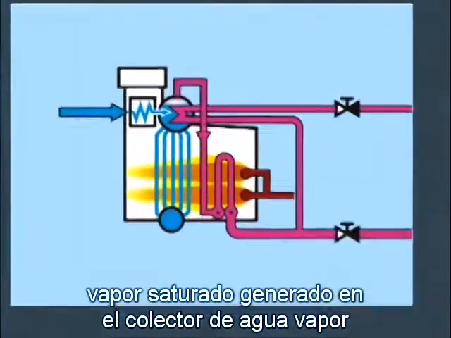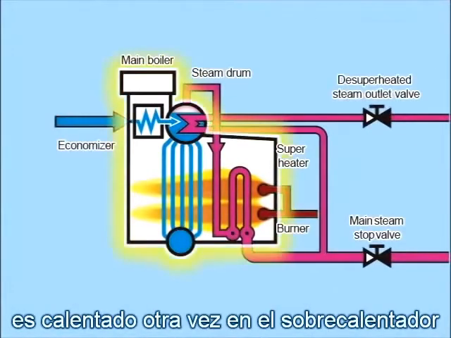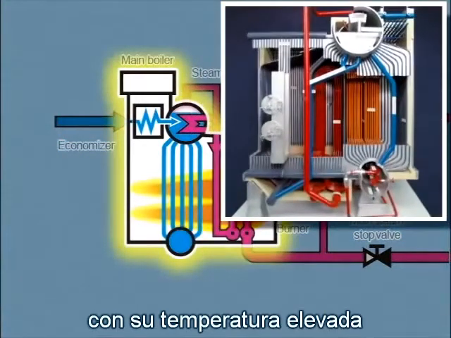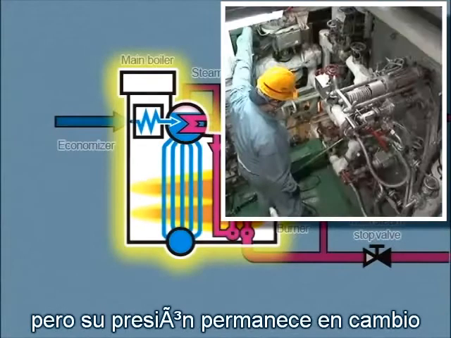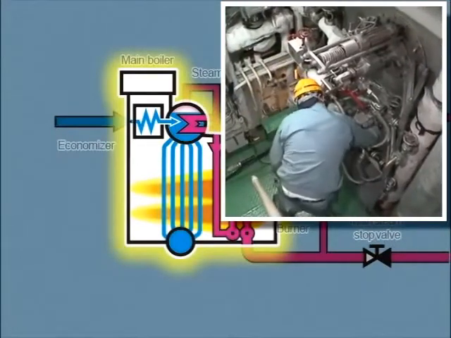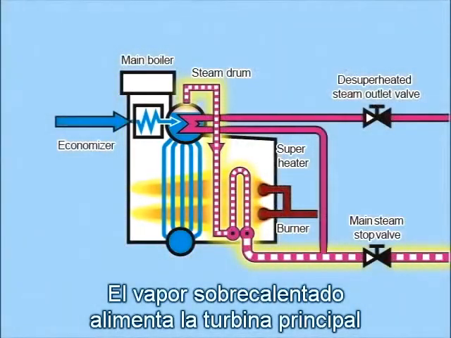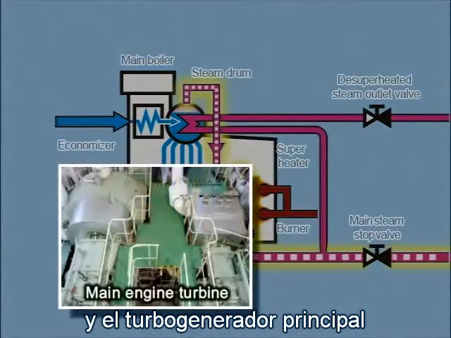Saturated steam generated in the steam drum is heated again in the superheater to become superheated steam with higher heat energy, with its temperature raised but its pressure remaining unchanged. Superheated steam powers the main engine turbine and main turbo generator.